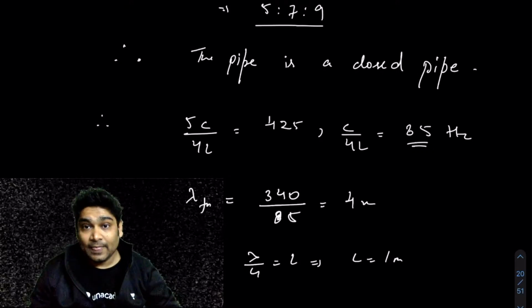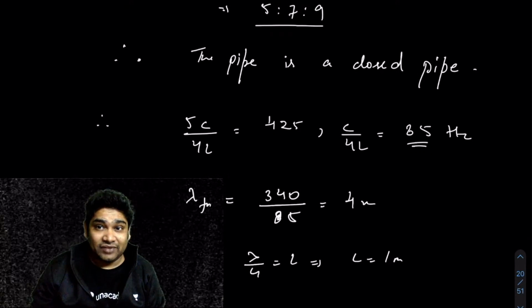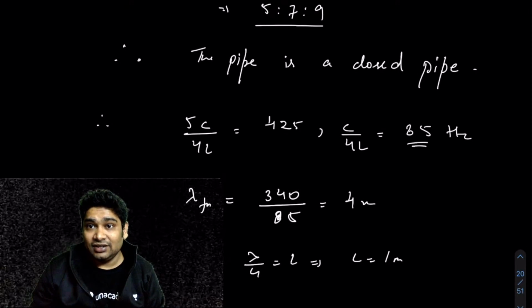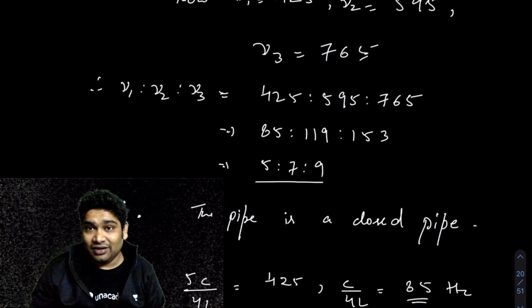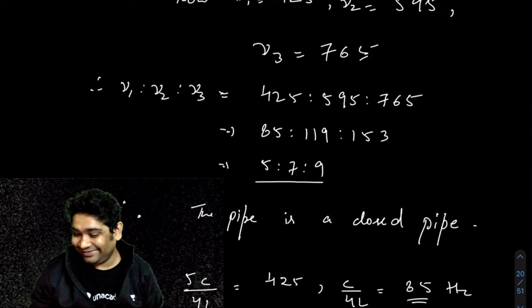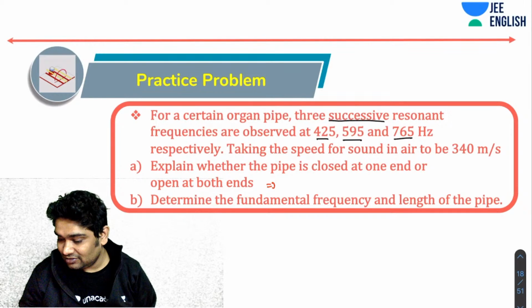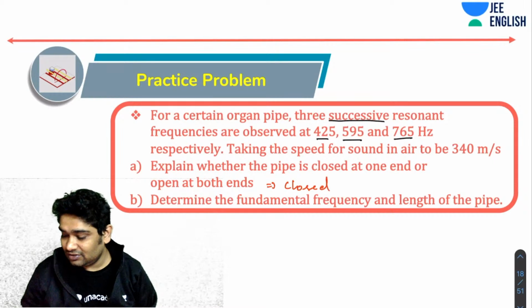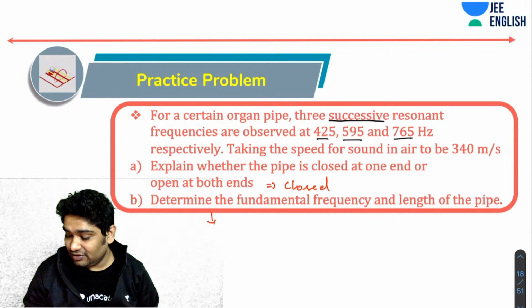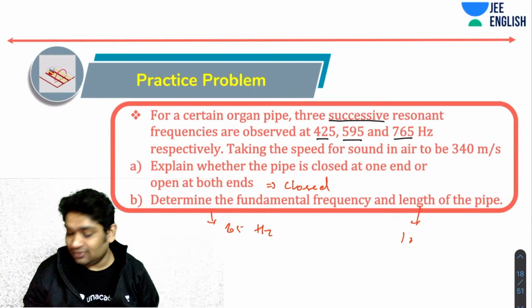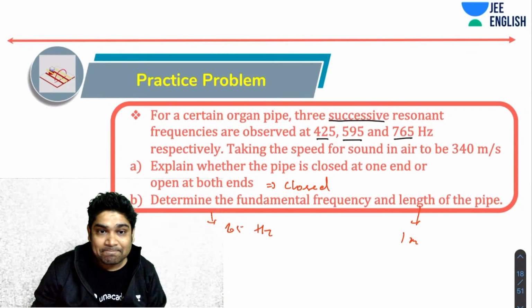Okay, guys. The length of the pipe is 1 meter. The fundamental frequency is 85 hertz, and your pipe is a closed pipe. Okay, let's write your answers. Closed, 85 hertz, and the length of the pipe is 1 meter. These are your answers.